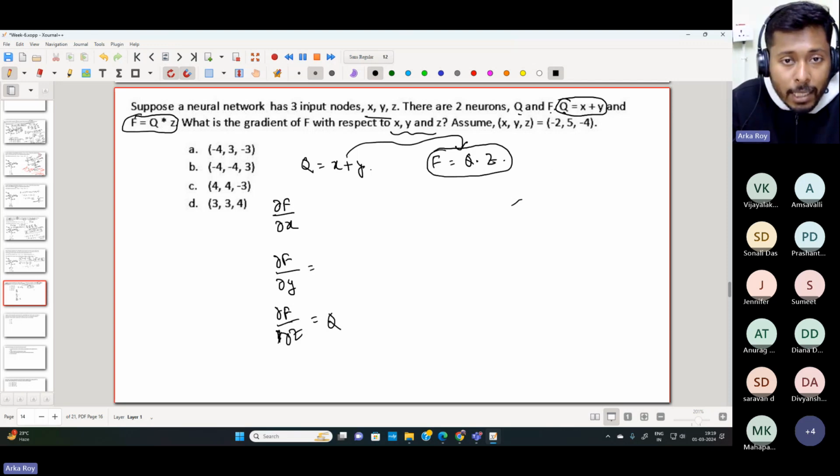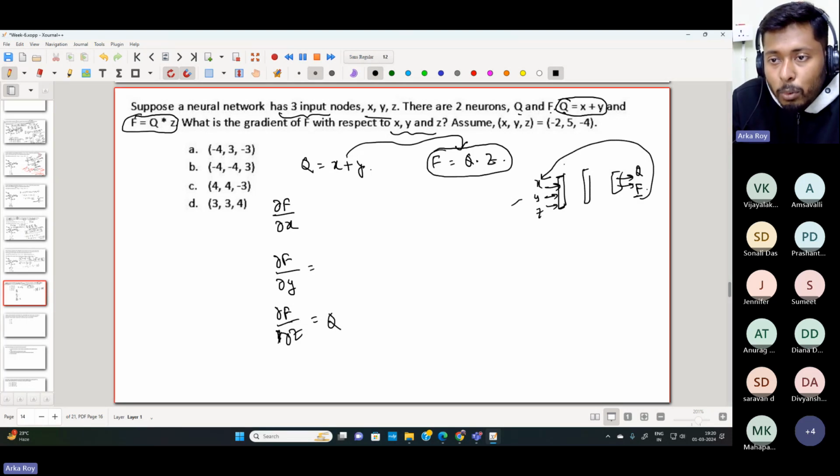That is why they have written that your input layer has 3 neurons X, Y, Z. You have some hidden representation, and an output where you have the neurons Q and F. Now you have to take the differentiation of F with respect to the inputs. That means you have to go by the chain rule. Even though your approach is okay, try to think from the neural network perspective. In the case of a neural network, you have to apply the chain rule.